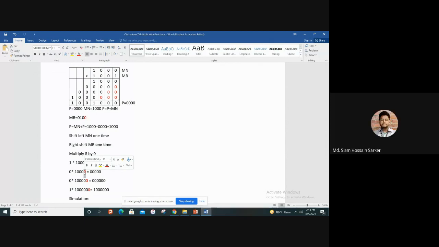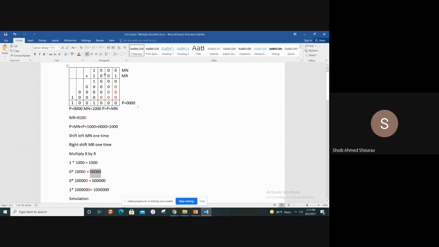Clear? Okay, so if we shift left this mn, which is 1000, one time, we are going to add a 0 at the right, and we are going to get this as our new mn. And then if we multiply this 5 bit mn with 0, then we are going to get these 5 zeros in here as the output, right?